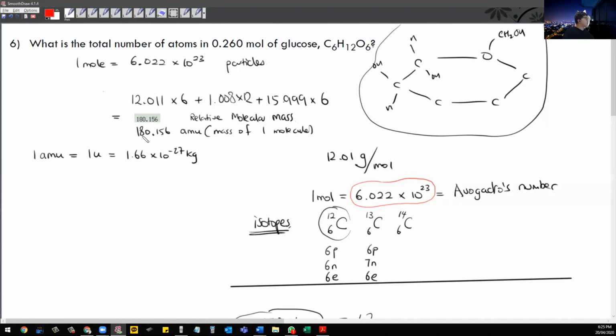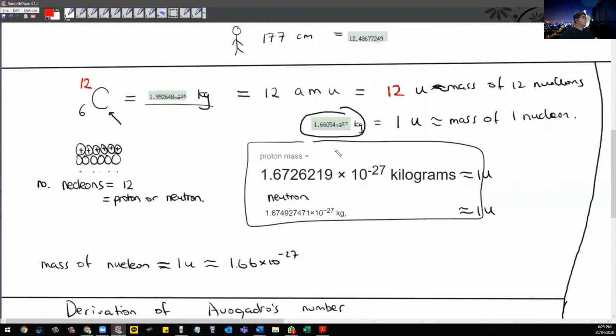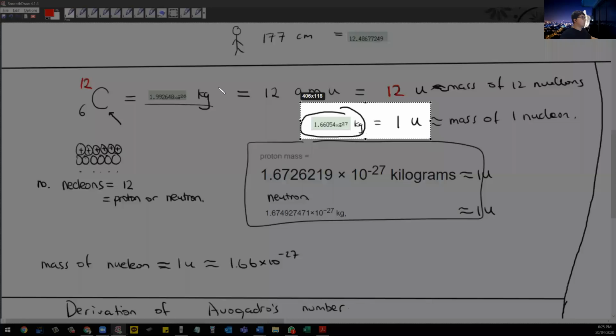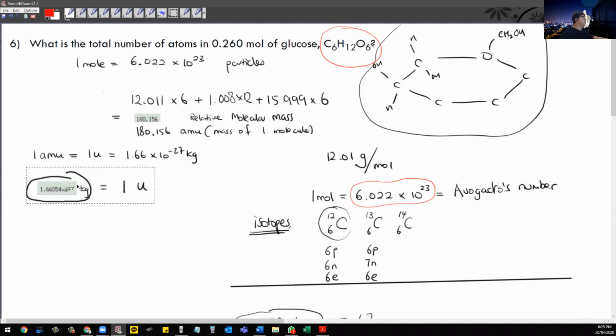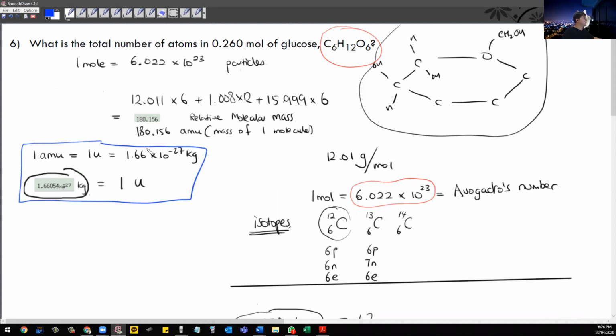If you simply multiply that number by that number, then you can get the mass of a single glucose molecule in kilograms. So I want you guys to figure out the mass of one molecule, please, in kilograms. Of the glucose? Of the glucose, yes.